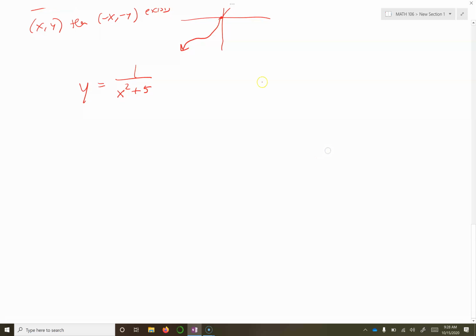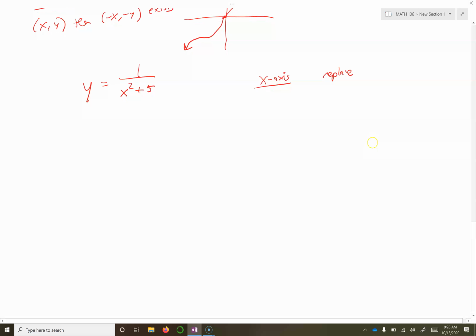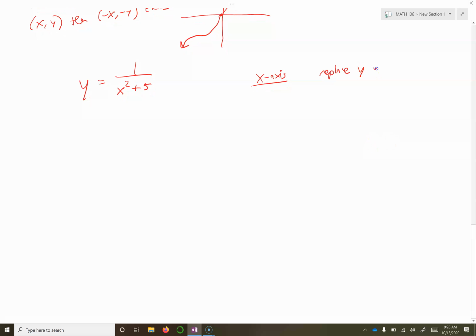So for x-axis, you replace y with negative y and see if the equation remains the same. Okay?